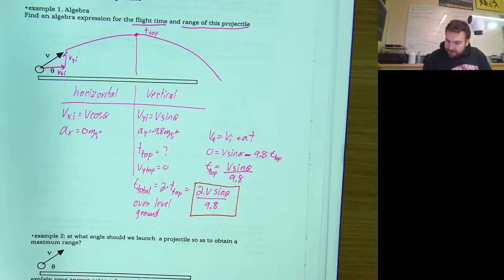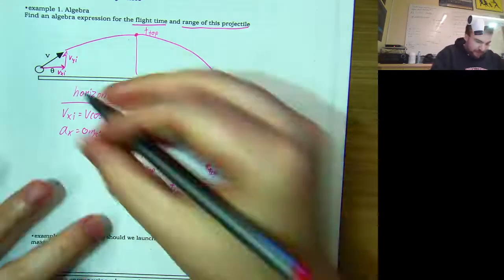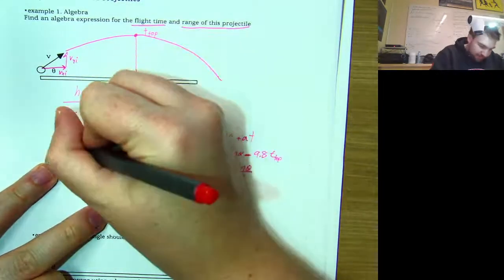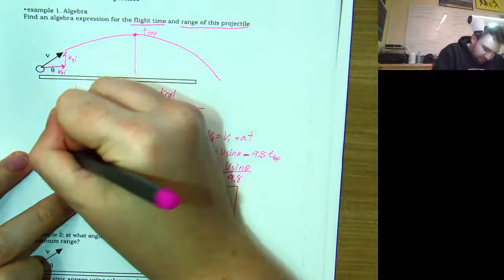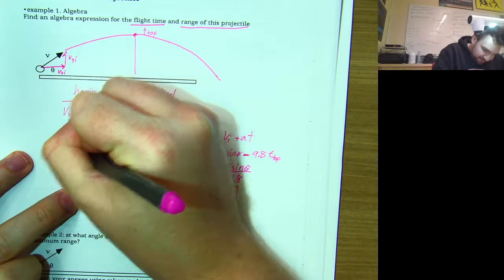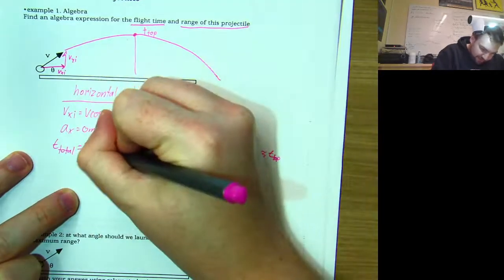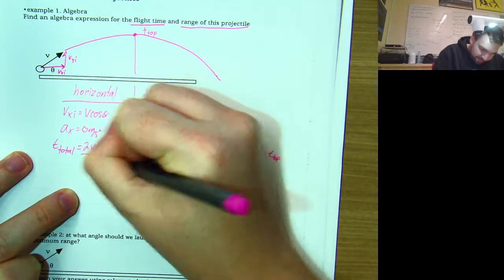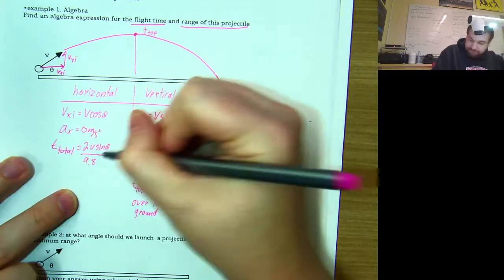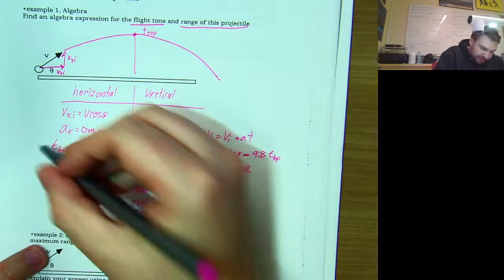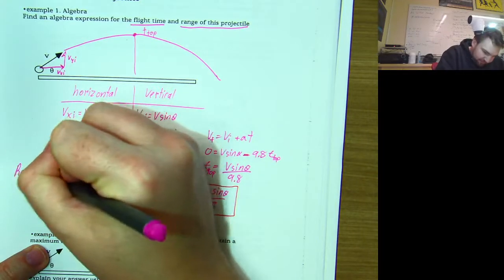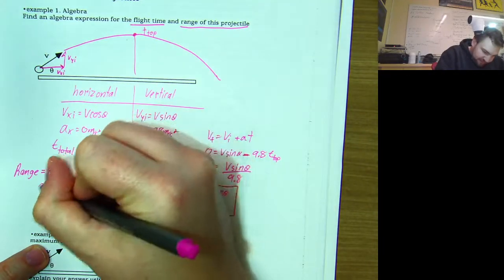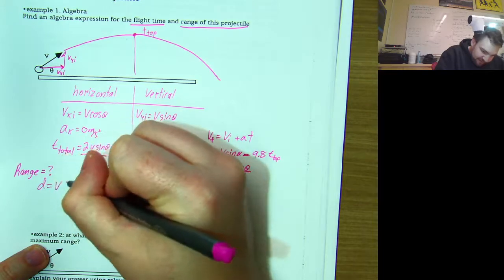What are we going to do next? We are going to find the range. So that's the total time. Let's find the range. T total, I'm just going to put the expression over here, is equal to 2V sine theta over 9.8. So the range we want to find is going to be d equals vt.